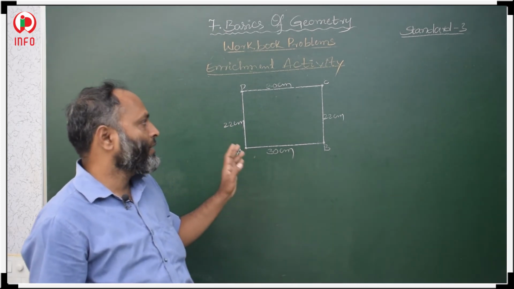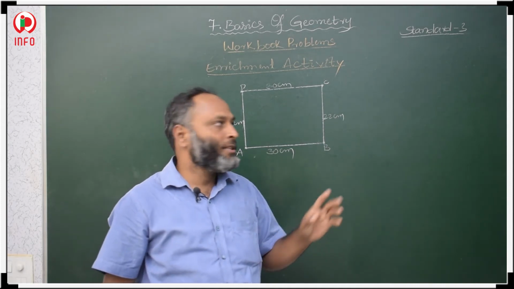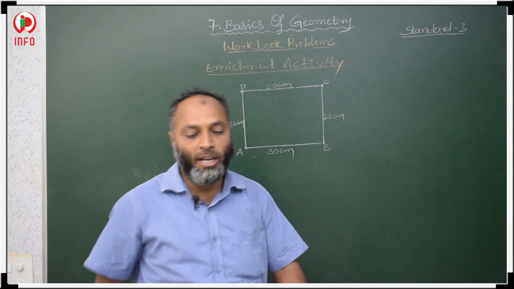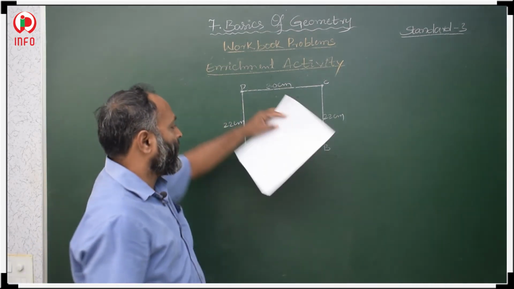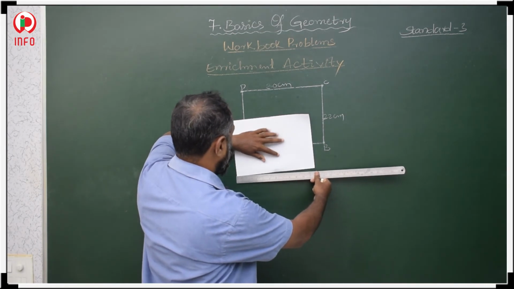So like this, first we have to measure the lengths of the four sides. You can draw A4 size paper like this, or otherwise directly take the A4 size paper and measure like this, keeping our scale like this.